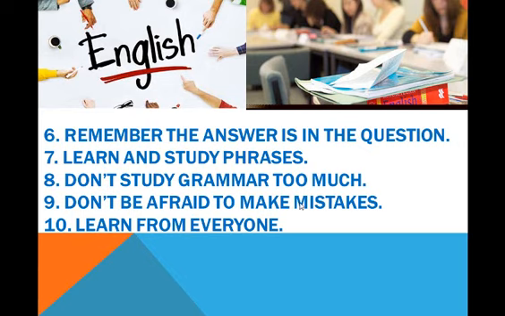And the next point is study phrases. Learn and study phrases. This point is very important. Speaking English fluently means being able to express your thoughts, feelings, and ideas. Your goal is to speak English in full sentences, so why not learn it in full sentences?